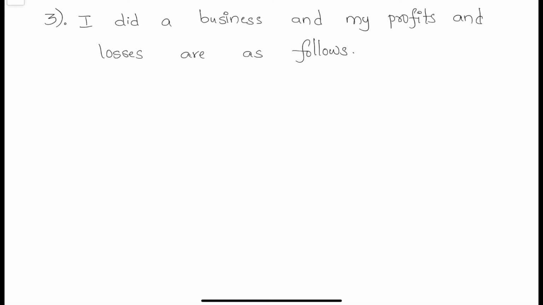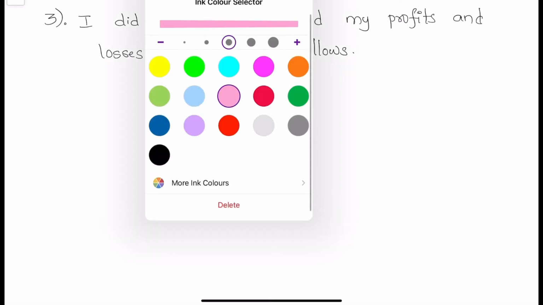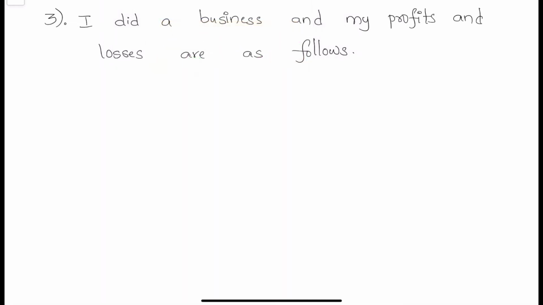Before we jump into the question, I want all of you to first understand something here, which is, what is the meaning of the word profits and how is it related to this lesson? Profits means what? Anything that is positive, right? So anything which is a profit is positive. And what is loss? Loss is negative. So this is my basic understanding. If you know this, then the problem is very easy.